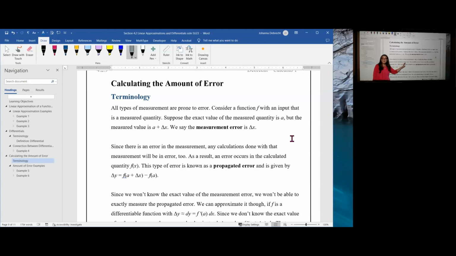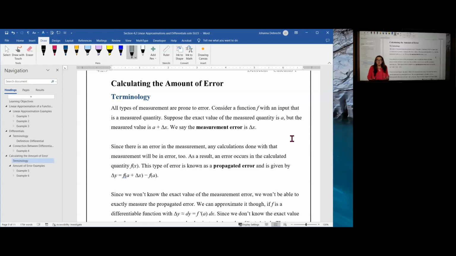Any calculations done with that measurement will then also have error in it. This is what's called propagated error. When you do a calculation that involves that delta x, you're going to get more error on the other end. This type of error can be given by delta y equal to the function value at the measured value, A plus delta x, minus the true value, f of A. We are not going to know the true value for the measurement.